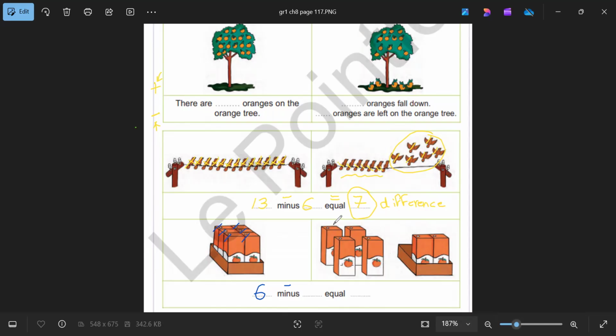So we count here. 1, 2, 3, 4. So I had 6 orange juice cans, cartons, whatsoever. I took 4 out of them. Okay, I took 4. How many cans are still in this box? 1, 2. So 6 minus 4 equals 2.